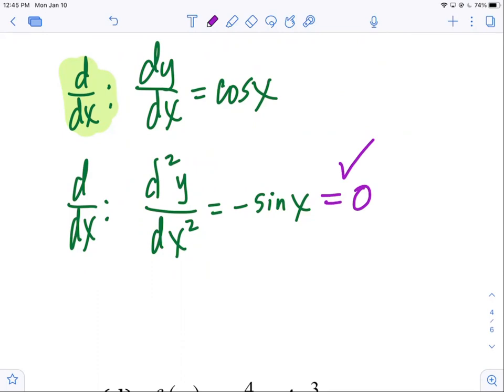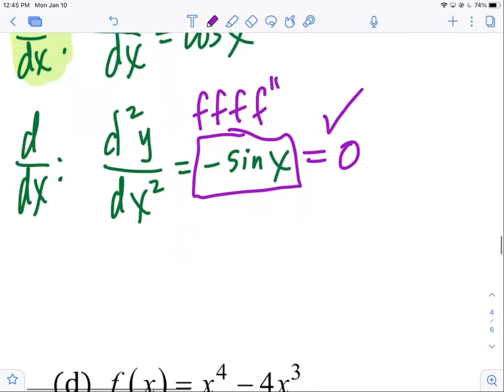All right. Now remember, here's the full-fledged factored version of f double prime. But if I'm going to solve this, you might multiply both sides by -1, just to solve it.